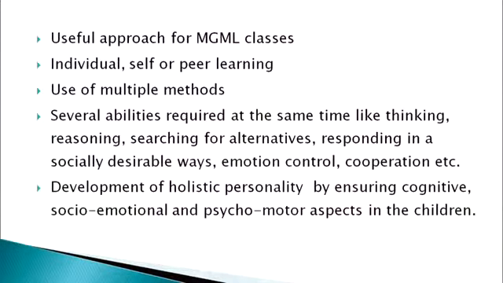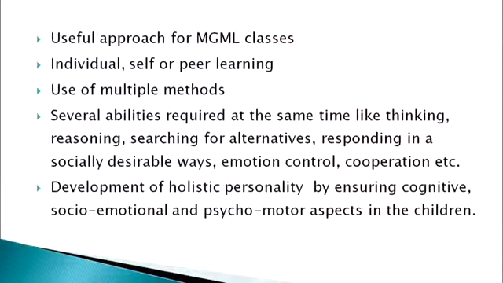So emotional control also comes in, and that is how socially desirable ways and emotional control are also together, and we learn to cooperate. So a child cannot really say that I want to do this, or I will do this, but as a group they need to cooperate, and hence it is important that they develop some abilities. So maybe they have developed a turn-taking ability where they say, okay, both of you want to do this, or 4 of you want to do this, let's take turns and do this, right?